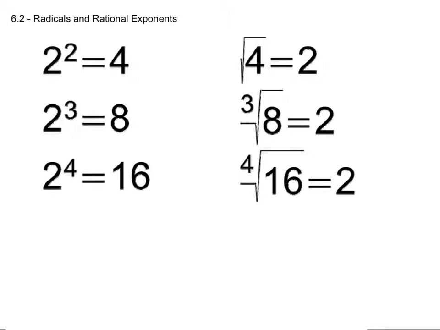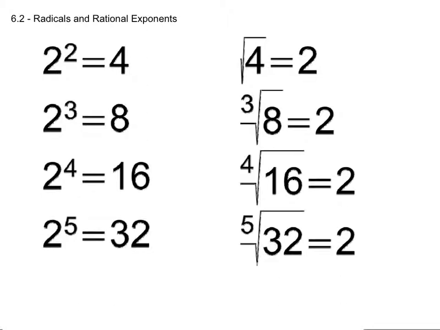Just keep on multiplying by 2 until you get 16, and that leads us to the similar fact that the fourth root of 16 would equal 2. What times itself 4 times equals 16? The answer is 2, as we've shown right here. This could go on and on. There's really no stop to this. 2 to the fifth is 32, and for similar reasons, the fifth root of 32 equals 2.